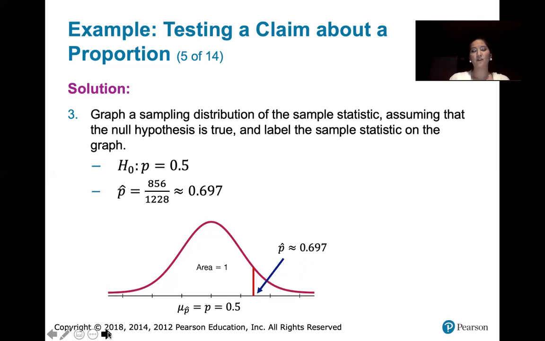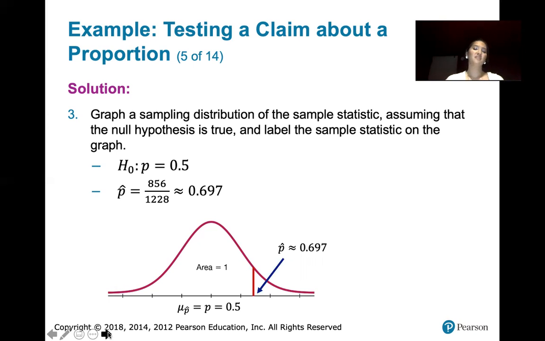We know from our studies of section 6.3 that the mean of the p hats is the population proportion p. Remember, p hat was an unbiased estimator. In our assumption, the null hypothesis tells us that p is equal to 0.5.